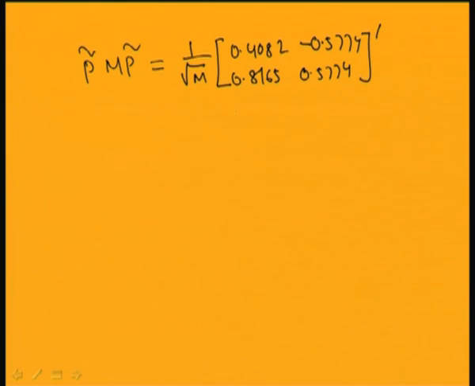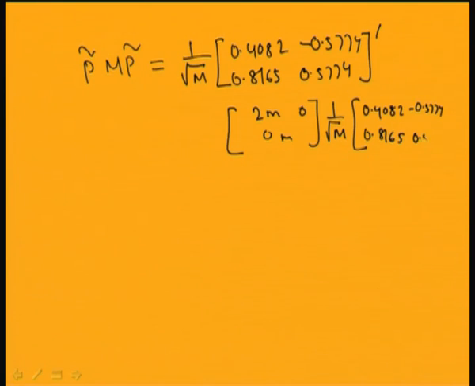So, this transpose into M, equal to [m 0; 0 2m], and into root over 1 by m into 0.4082, minus 0.5774, 0.8165 and 0.5774. So, if you multiply this you can check, you multiply and check that you are getting 1 0 0 1.